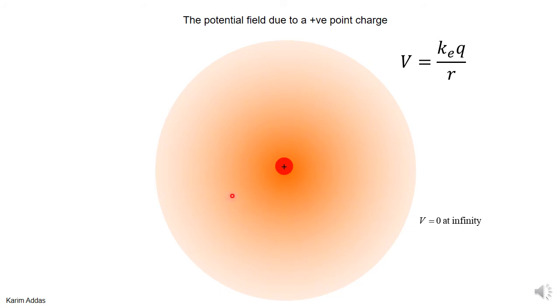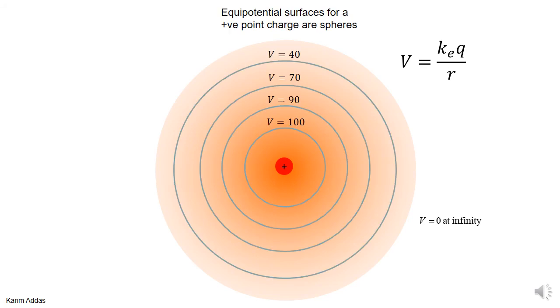I put positive charges giving potential values that are red in color, and the color gets weaker as you go far away, because the value of r increases and the potential gets weaker. For instance, if you draw a sphere around the point charge, the potential at every point on the sphere is, say, 100 volts. The potential on this sphere at every point is, say, 90 volts, and so on. So the equipotential surfaces for point charges are spheres.